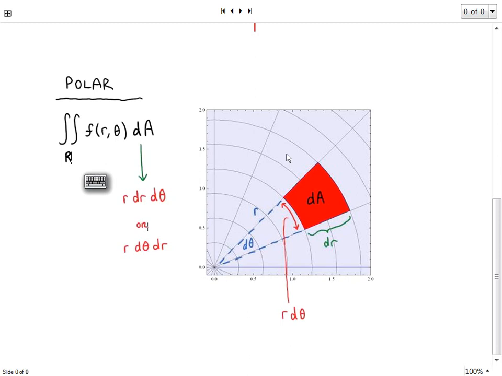Our dA here was the red, and so the length on one side was dr, our change in radius, and this side right here was an arc length. The arc length formula was S equals r theta. So r here was the radius, and our angle was d theta. That's why, when we multiplied dr times r d theta, that r popped in.